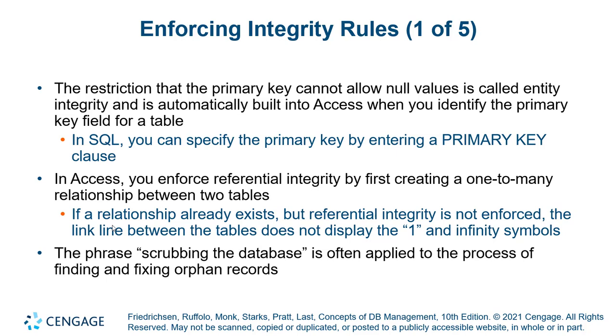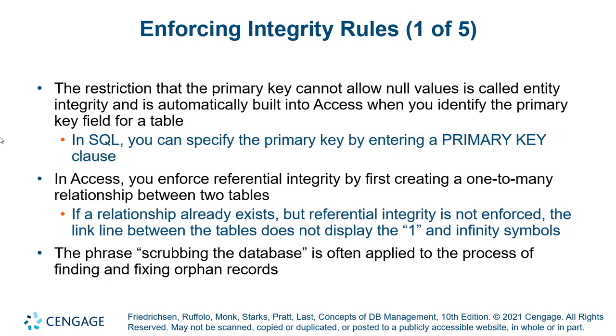When we do that, by default we have enforced referential integrity. The reason we do that is so we don't create orphan records, which is basically a way of saying incomplete or invalid records. We prevent those from being created.